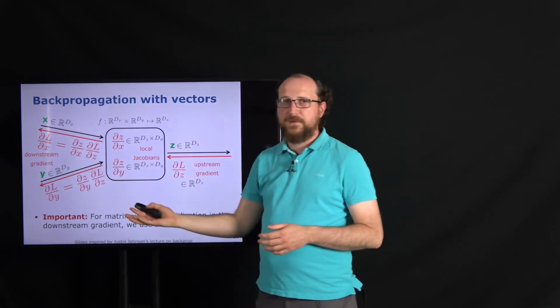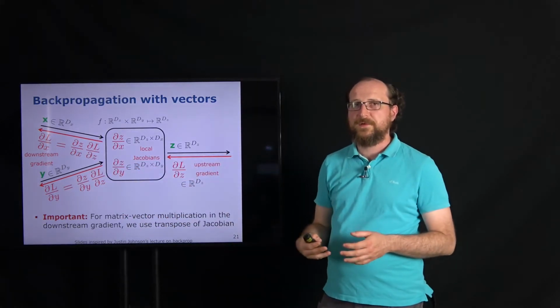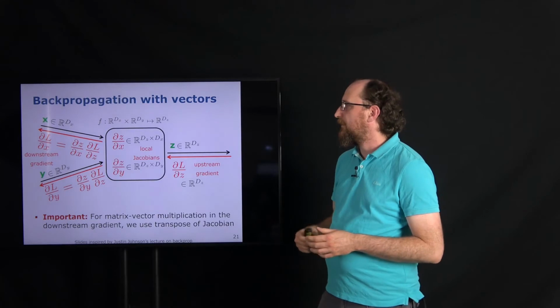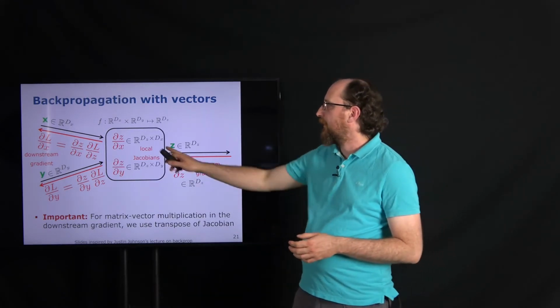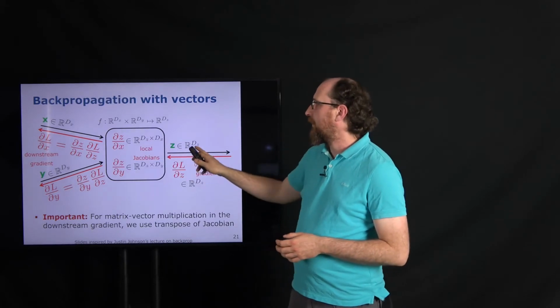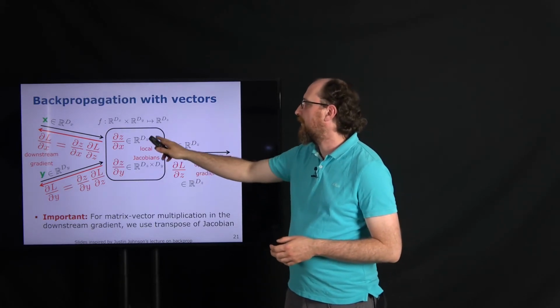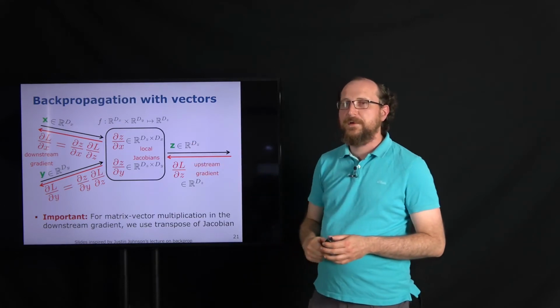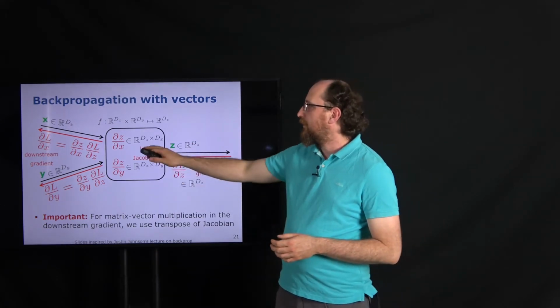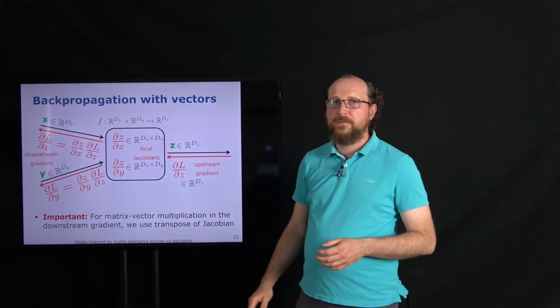We inverted this to make sense of the matrix multiplication. To have a proper matrix multiplication, when we have this matrix times this vector, this will not work out because the dimension of dx may not match the dimension of dz. And therefore we are using the transpose of the Jacobian.